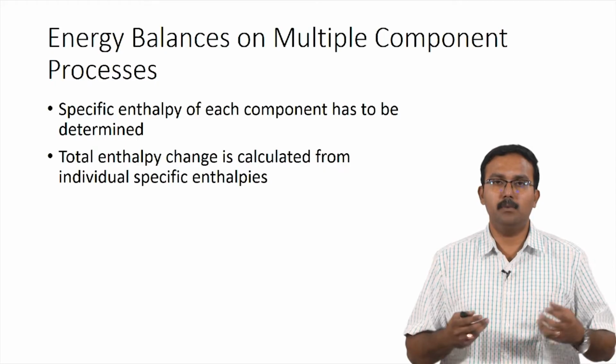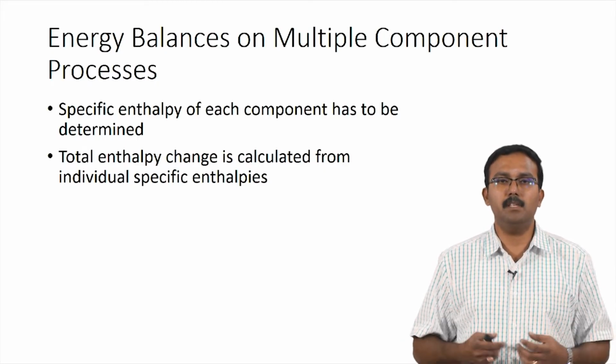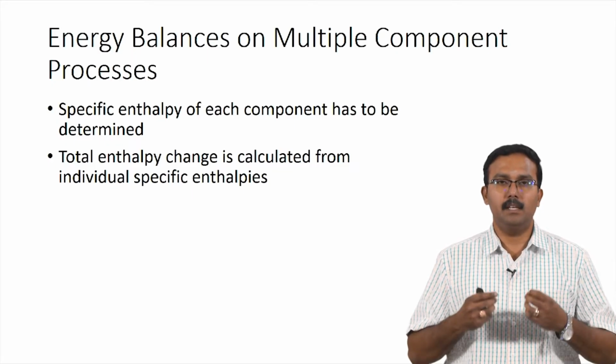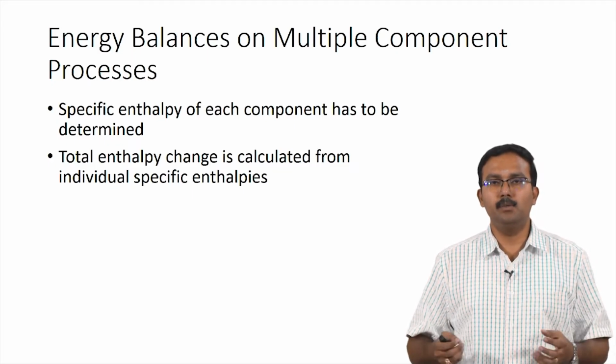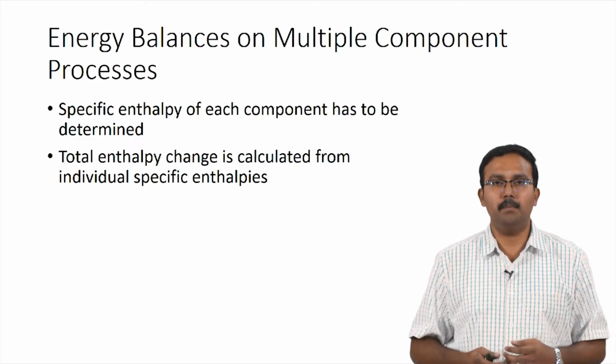And based on this, we would be able to calculate the total specific enthalpy or the total enthalpy of the system. So, this is measured and used for performing energy balance calculations in multiple component processes.